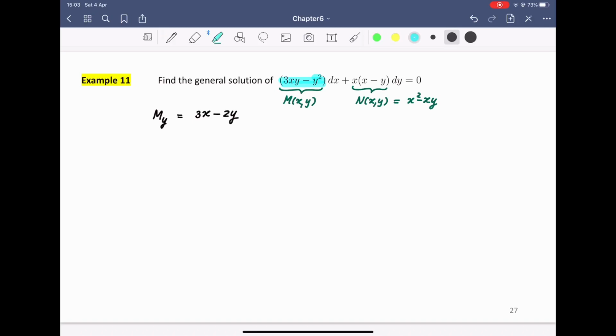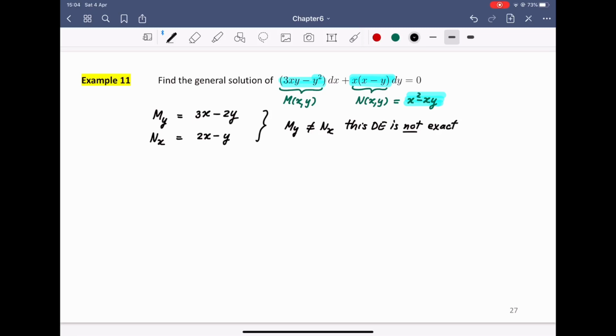And then I differentiate x times (x minus y), which is the same thing as x squared minus xy, with respect to x. So N subscript x is going to be 2x minus y. Well, M subscript y is not equal to N subscript x, so this differential equation is not exact.